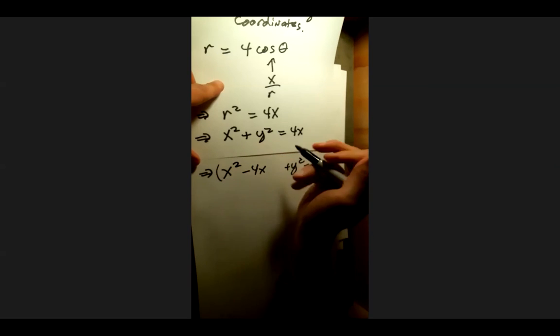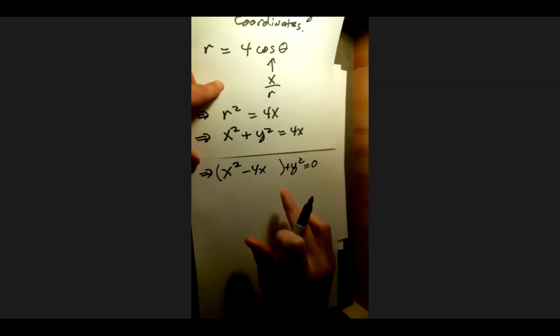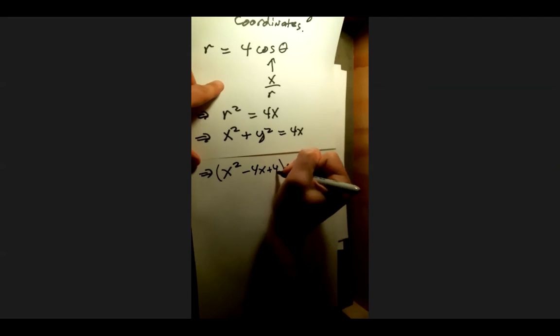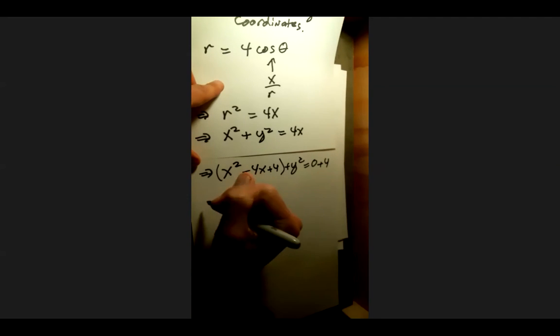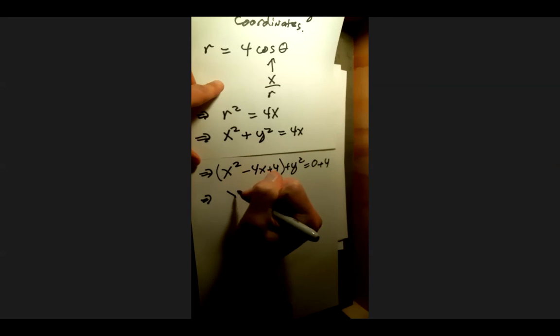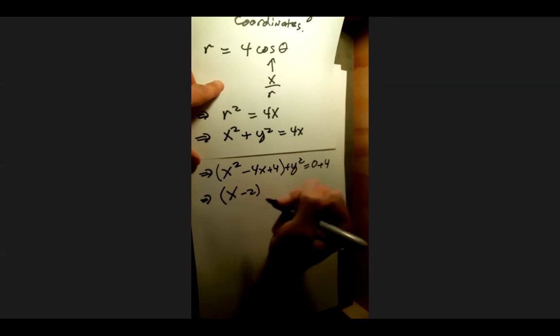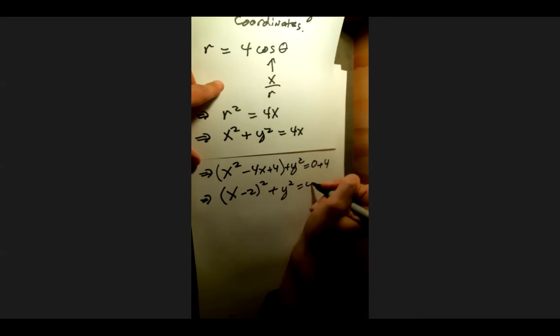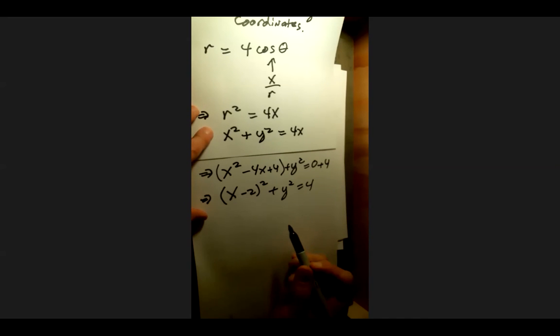And we could complete the square. What do we need to add in here to make a perfect square? 4, thank you. So add 4 to both sides. So x minus 2 quantity squared plus y squared equals 4.